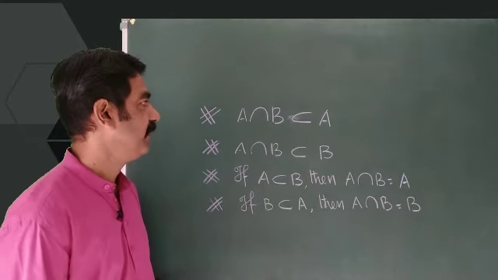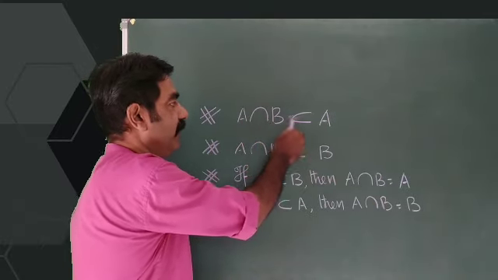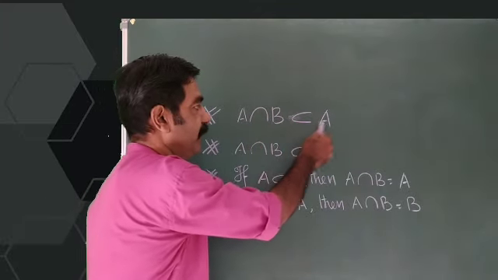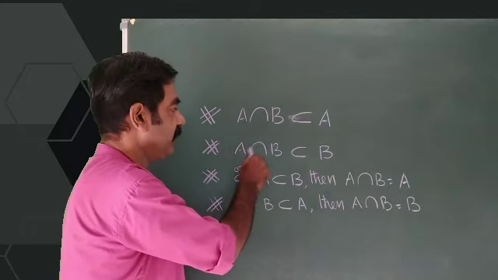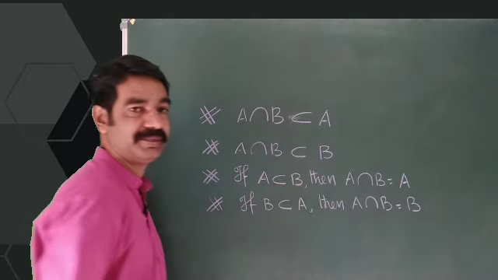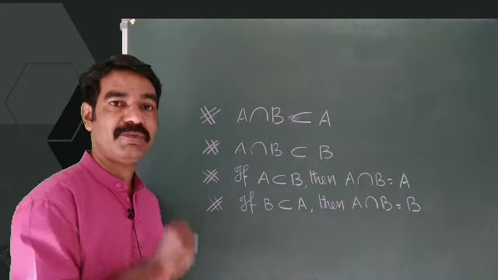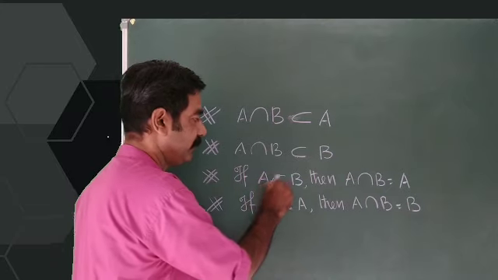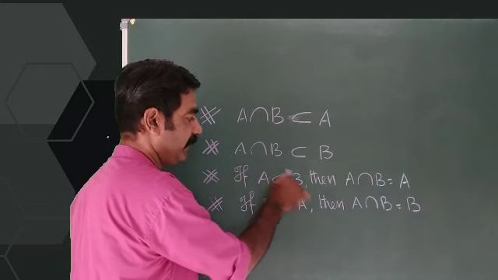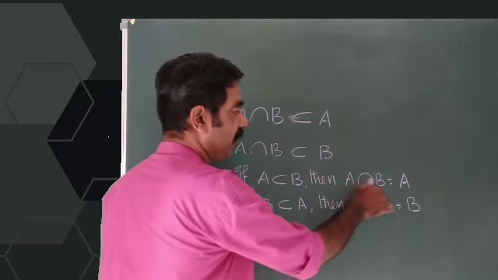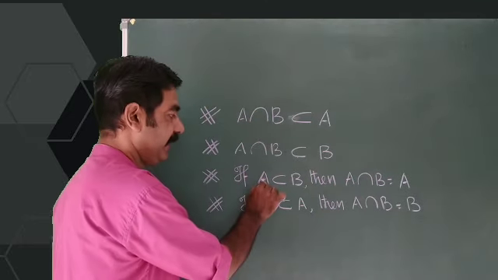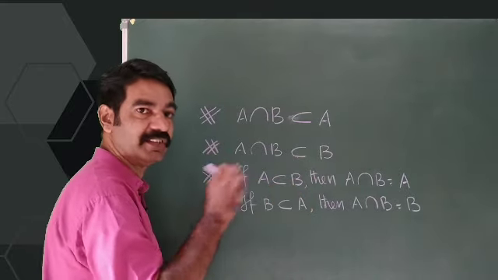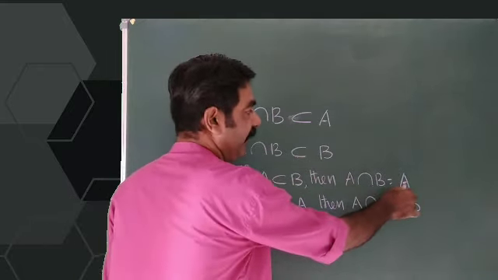Here are some important points. A intersection B is always a subset of A. Similarly, A intersection B is also a subset of B. And if A is a subset of B, that means all the elements in A are also in B, then A intersection B will be A itself, because A is the smaller set.